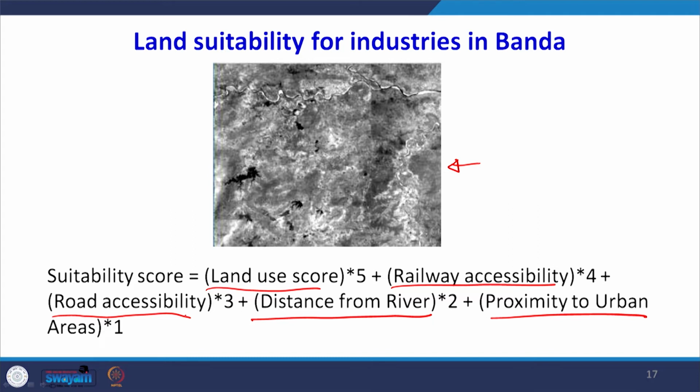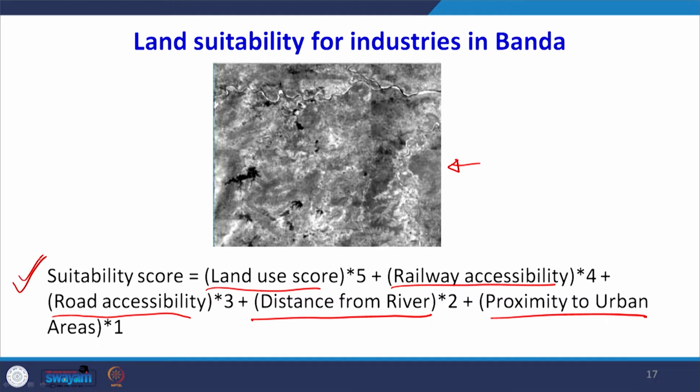So, depending upon that you create some kind of a score system, and once you have a minimum range of the score and the maximum range of the score, when you are overlaying these parameters, then you can categorize them. So, you can see the relationship here.